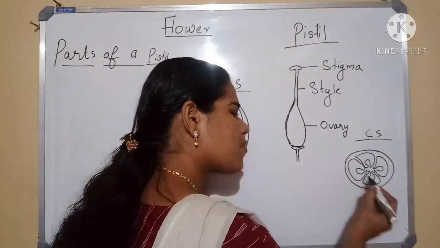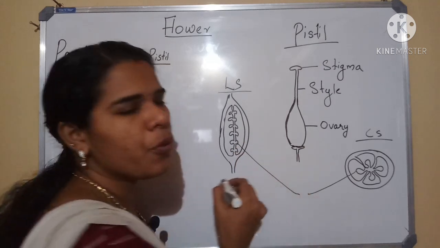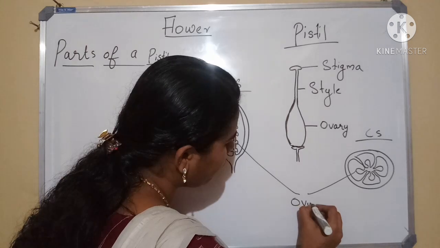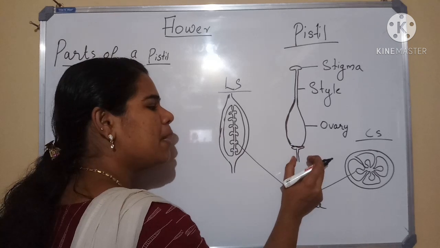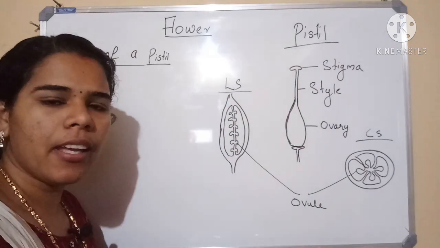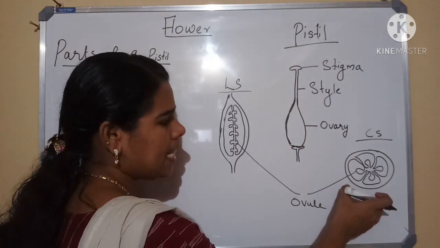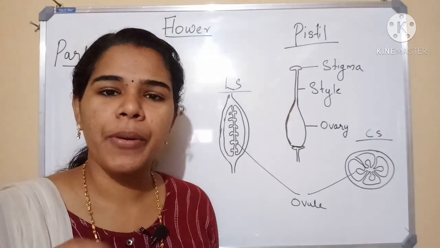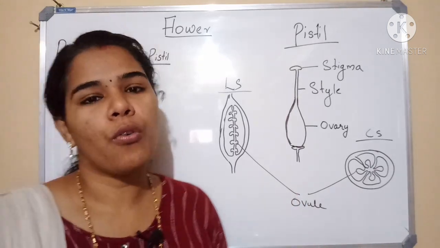These bead-like structures are called ovules. So we learned the pistil has three parts: ovary, style, stigma. When we take the LS and CS of the ovary, we can see small bead-like structures inside. These are called ovules.